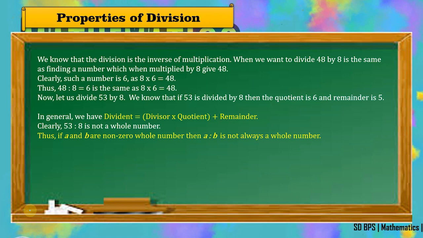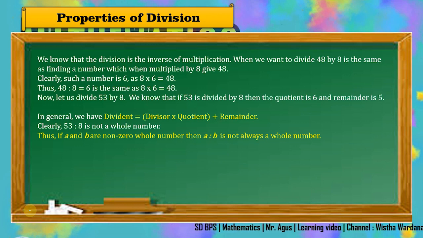When we want to divide 48 by 8, it is the same as finding a number which when multiplied by 8 gives 48. Clearly, such a number is 6 as 8 times 6 equals 48. Thus, 48 divided by 8 equals 6 is the same as 8 times 6 equals 48.